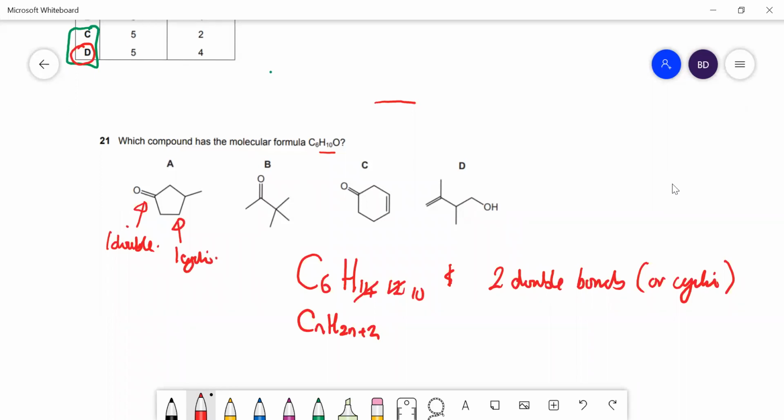B would be wrong because there's only 1 double bond, so that would be C6H12. C, well, that's got 2 double bonds and the cyclic, so that would be like having 3 double bonds, so that'd be C6H8 for that one. And D is wrong because you've only got 1 double bond, so that would be C6H12. So A is the answer there.